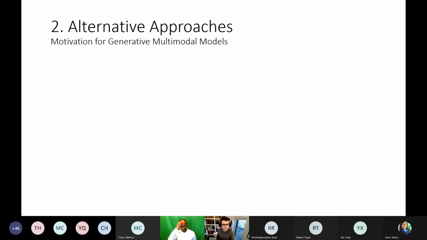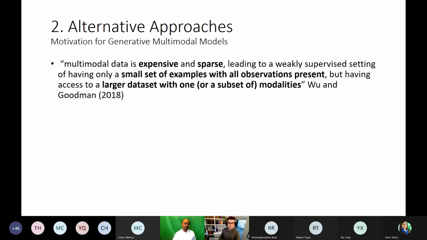The general motivation for multimodal generative models has been to focus on scenarios where it's expensive to collect paired data and it's inexpensive to have specific domains, specific data where you have text and images, but they are not matched. Getting labeled images or texts with images is more expensive.